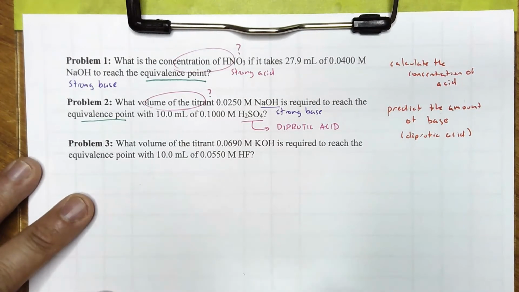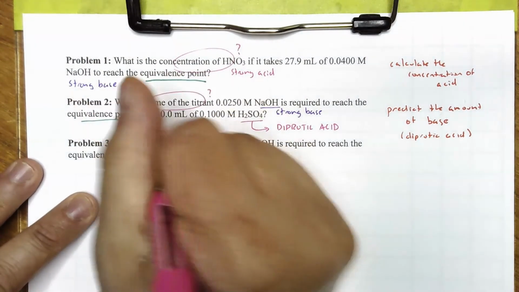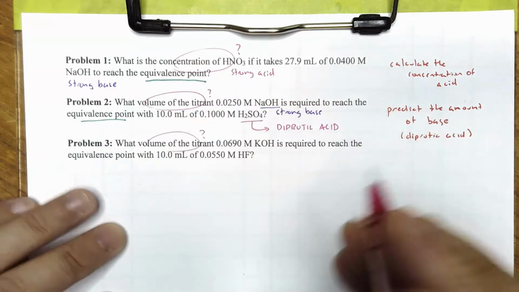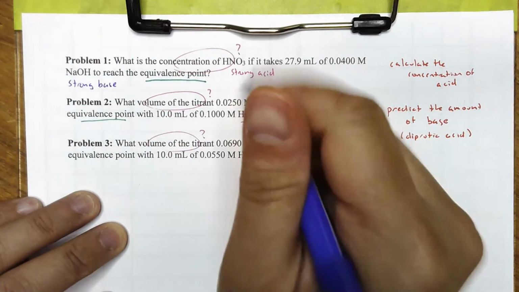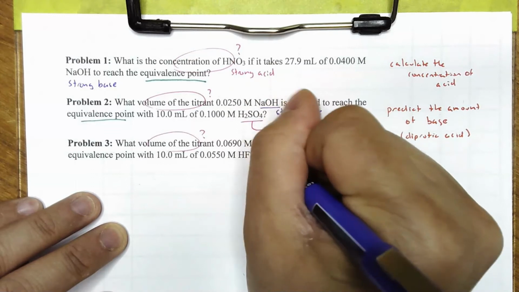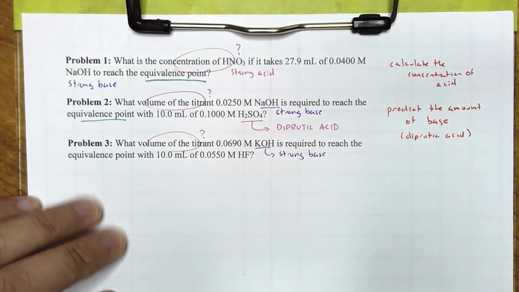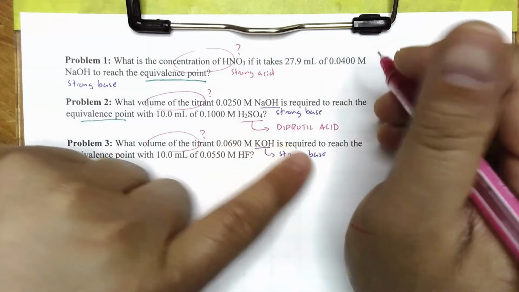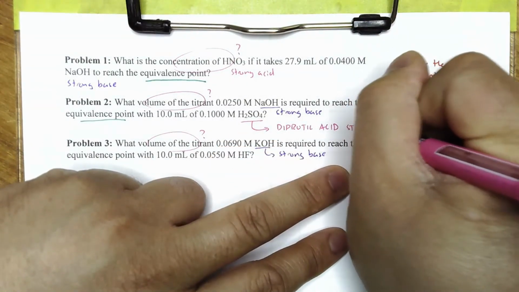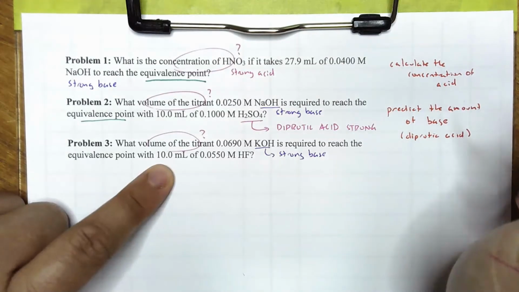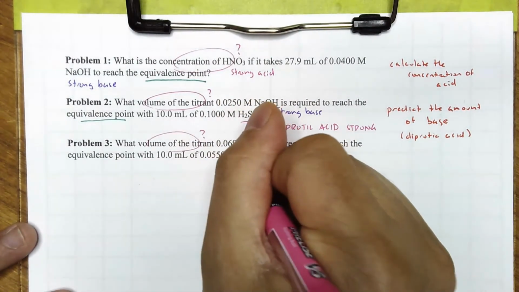Problem number 3 is very, very similar. We still want the volume of titrant. We still have a strong base. Oh, by the way, you know that H2SO4 is a strong acid. But look at this. HF is a weak acid.